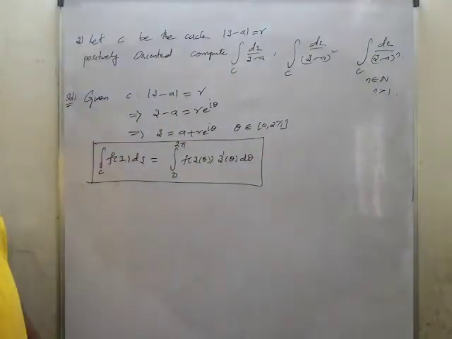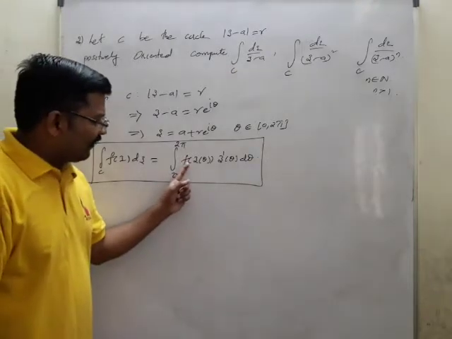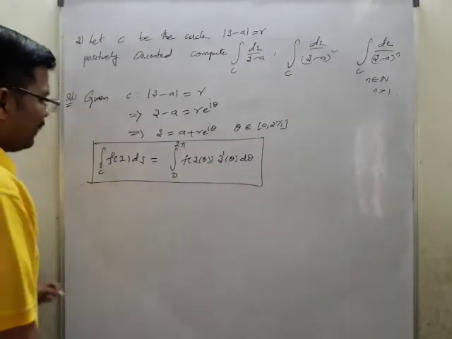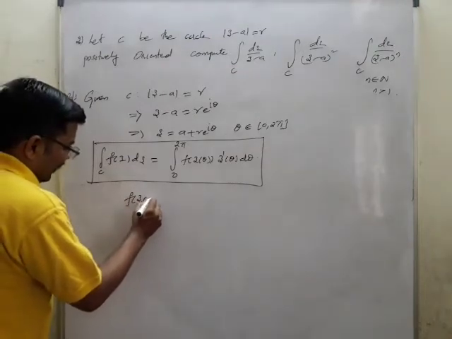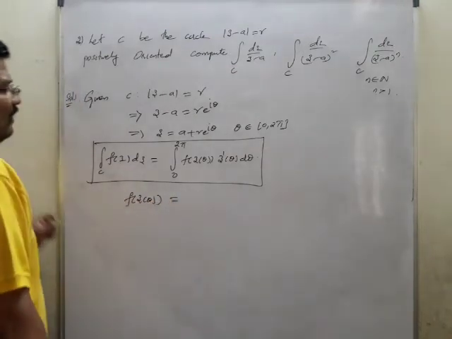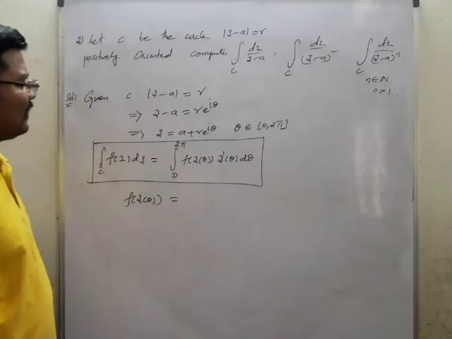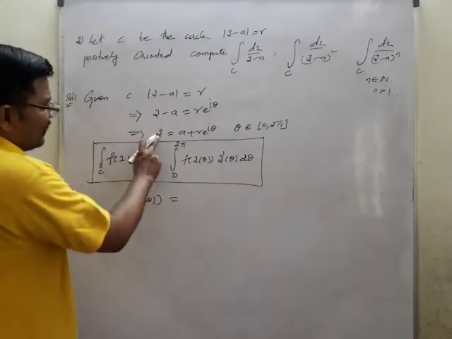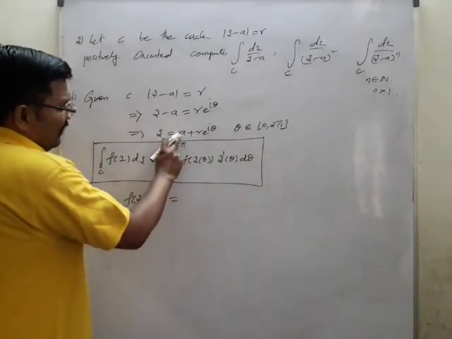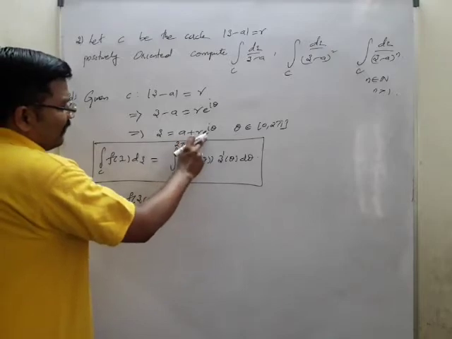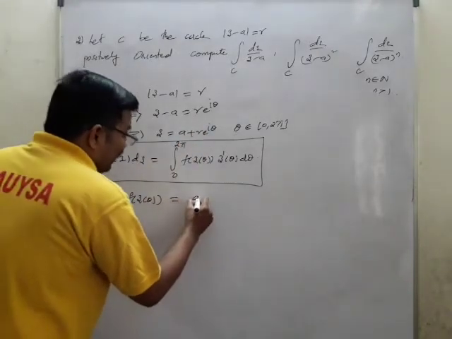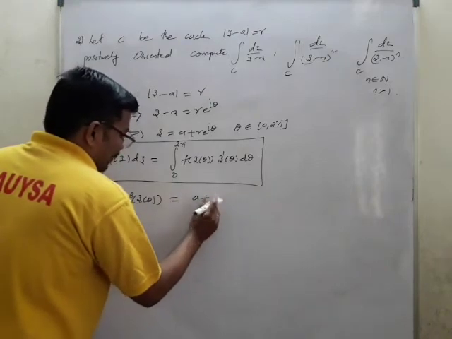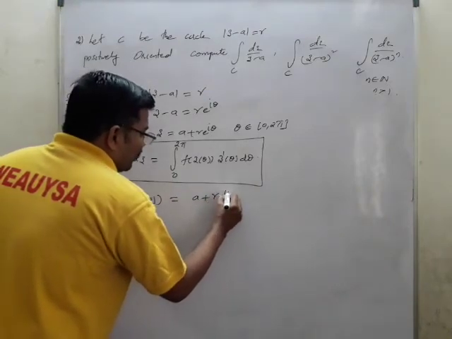Therefore this is the formula which we have. So I need to find out f of z of theta and z dash of theta. First I will take f of z of theta. What is the value of z of theta? z of theta is nothing but a plus r e power i theta.